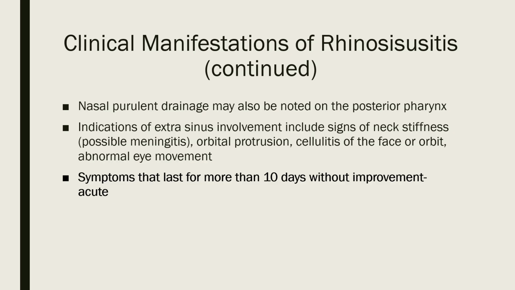Indications of extra sinus involvement will include signs of neck stiffness. This is a possible meningitis, orbital protrusion, cellulitis of the face or the orbit, and then abnormal eye movement. Symptoms that will last more than 10 days without improvement will be considered acute.